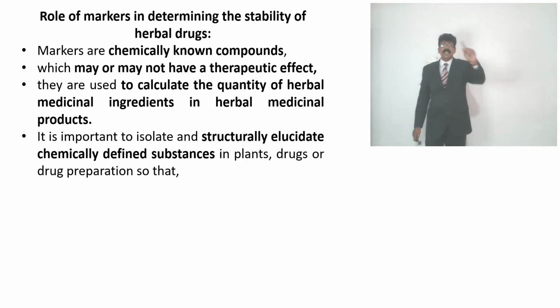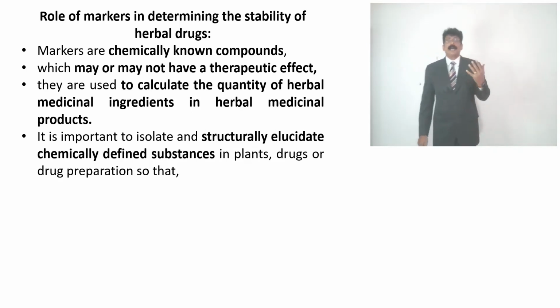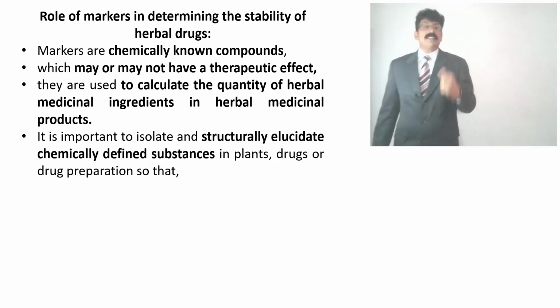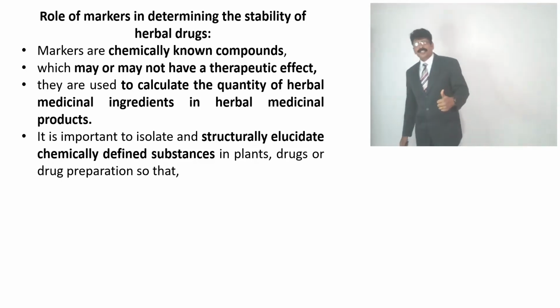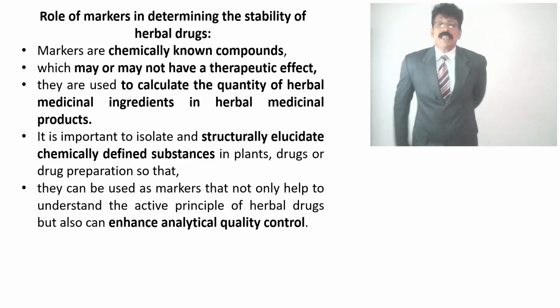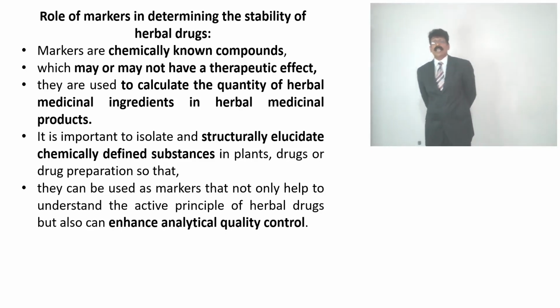It is important to isolate and structurally elucidate chemically defined substances in plants, drugs or drug preparations so that they can be used as markers. If the elucidation is done, they can be used as markers.